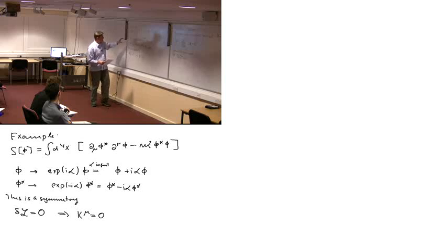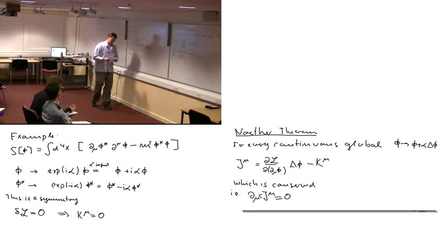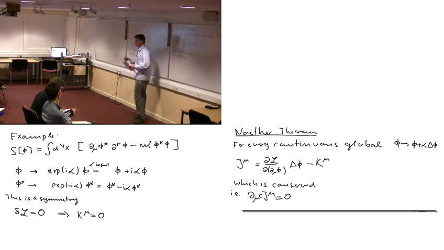It's typically quite useful to treat phi and phi star as independent variables when doing derivatives and so on in field theory. And it's completely equivalent to splitting it into a real and an imaginary part and then doing all the derivatives.